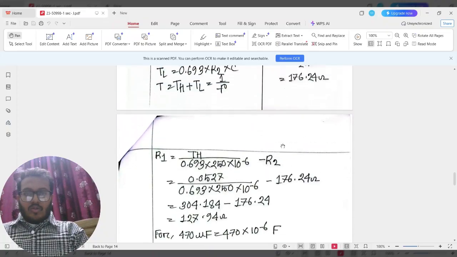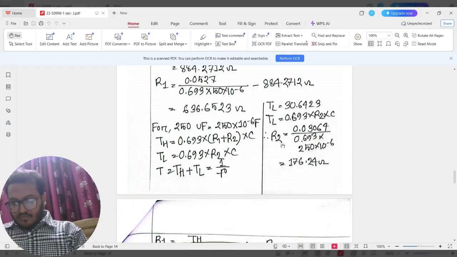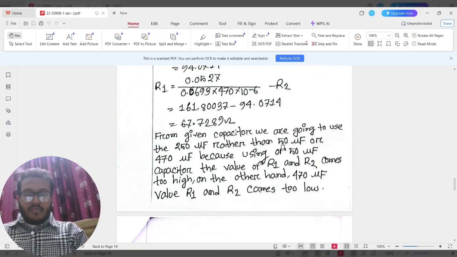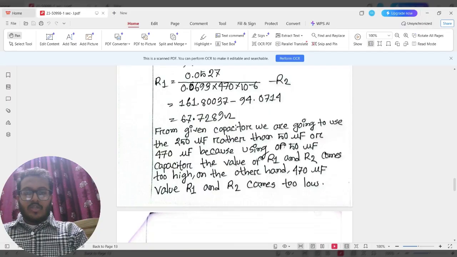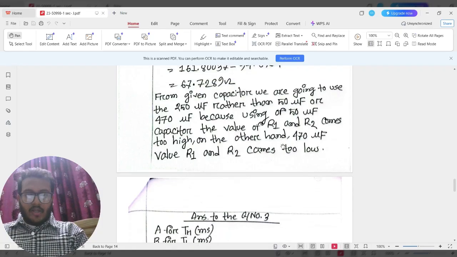So the 250 microfarad will be okay. From the given capacitors, we are going to use the 250 microfarad.